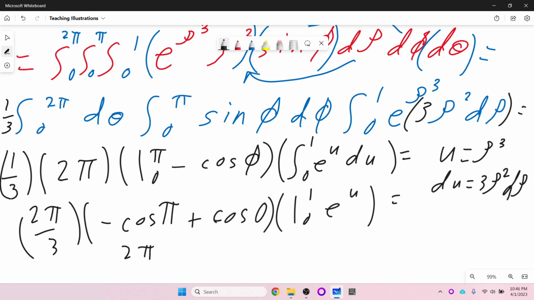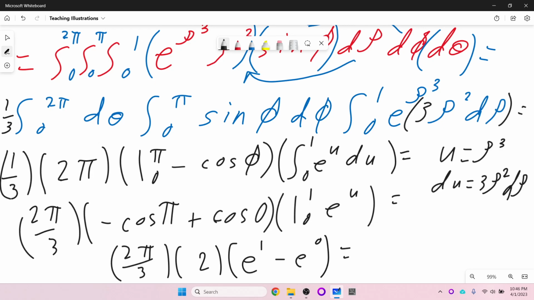So that's 2 pi over 3 times 2, because cosine pi is negative 1, so it's 1 plus 1, times e to the 1 minus e to the 0. Be careful of that. This is a case where the 0 can't be ignored. So we get 4 pi over 3 times (e minus 1). That's our answer.